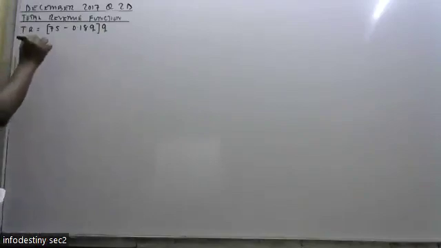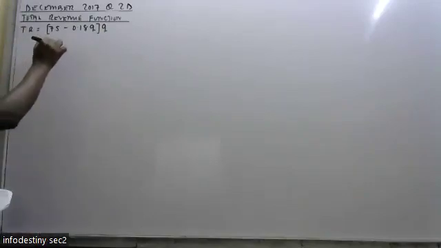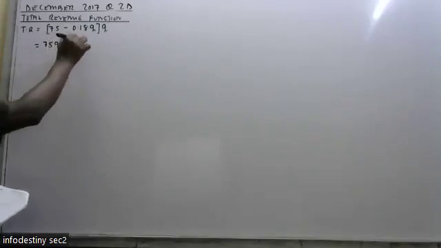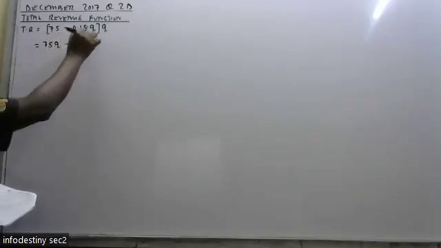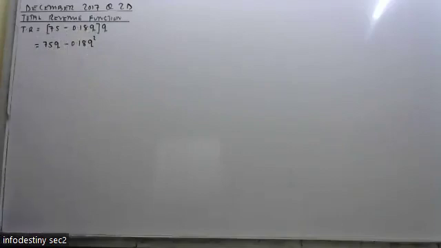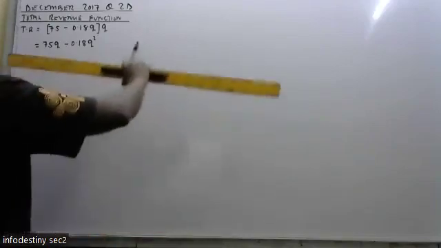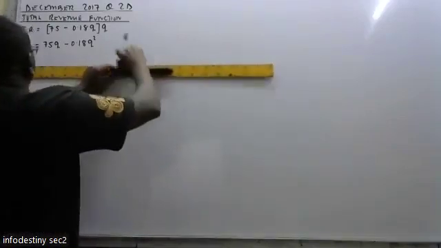This changes to 75Q minus 0.18Q squared. That is the total revenue function.